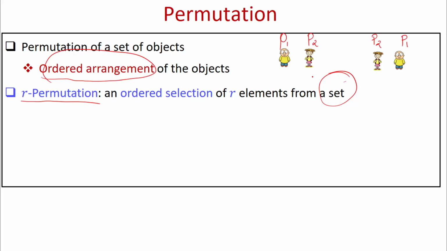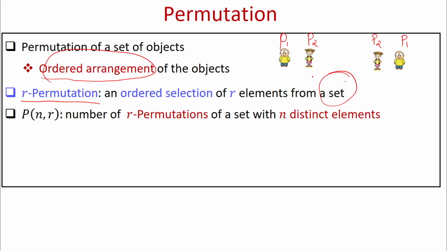The number of such r-permutations from a set consisting of n distinct elements is denoted by the permutation function P(n, r). So you are given a set with n distinct objects, and we want to find out how many r-permutations I can have from this set.